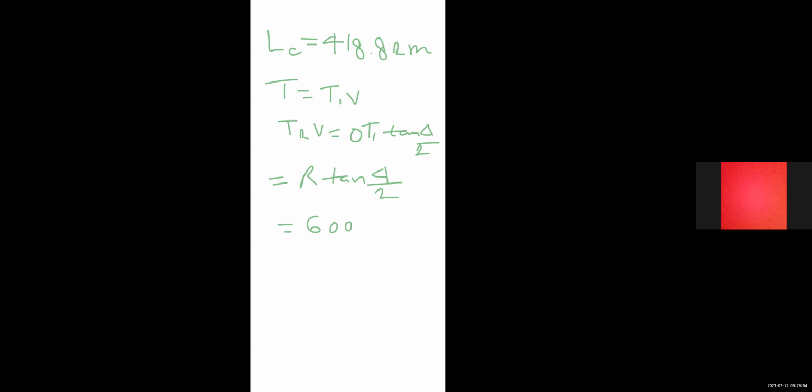So tangent distance is 600 into tan 20 degree. By calculating this value, putting the value of tan 20, how much do we find?